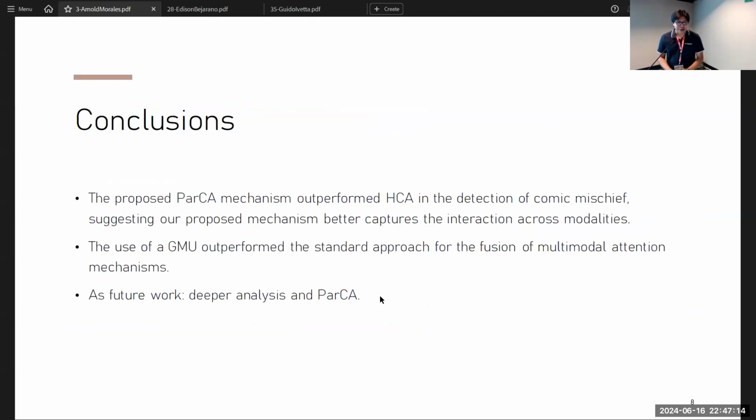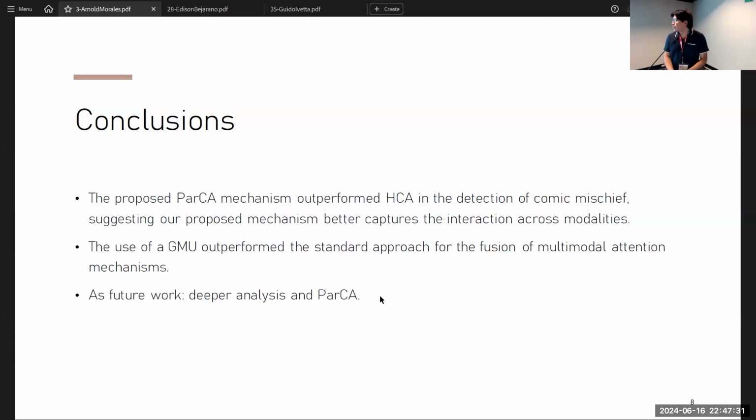To conclude, these results suggest that our mechanism is working well and outperforms the hierarchical cross-attention in the detection of this comic mischief content.